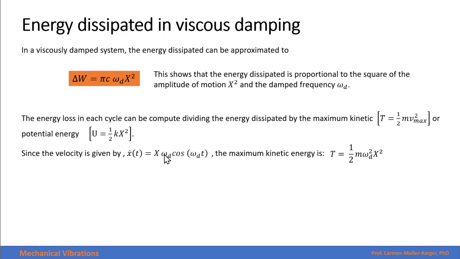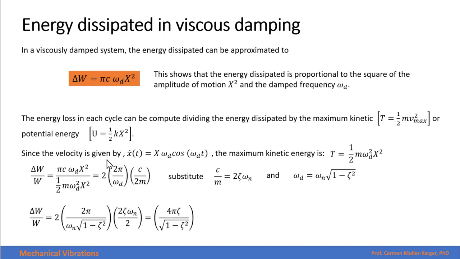Since the velocity is given by the derivative of the expression of the harmonic motion, we have X omega d cosine of omega d t. The maximum kinetic energy will be 1/2 mass times the maximum velocity, which is this amplitude over here, squared. We substitute that.